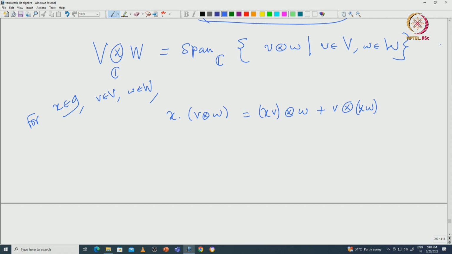Here is the checking part: check V tensor W over C is again a G representation using this star.